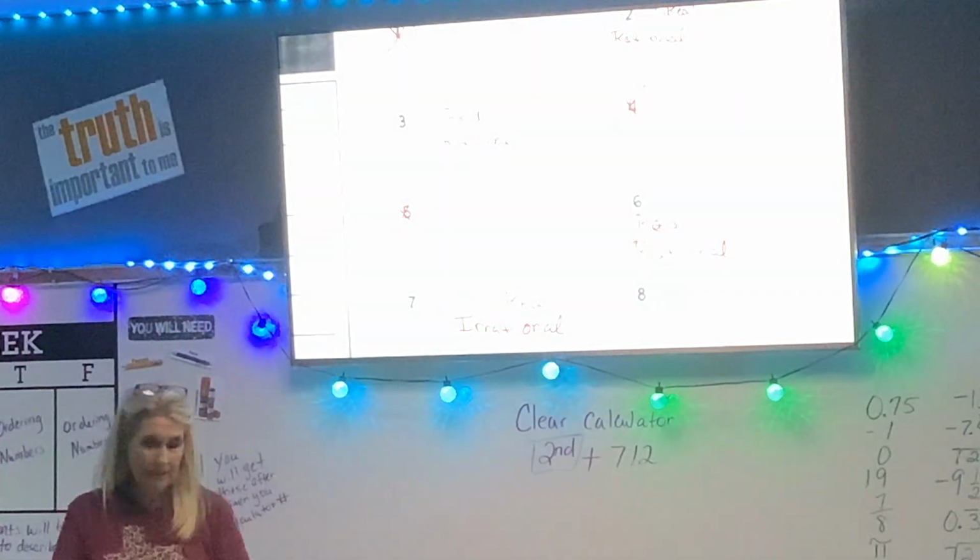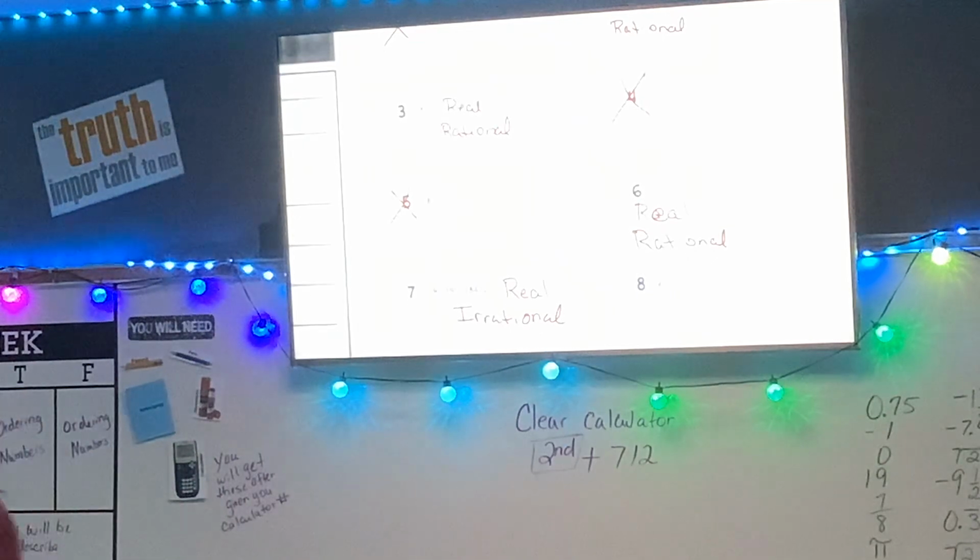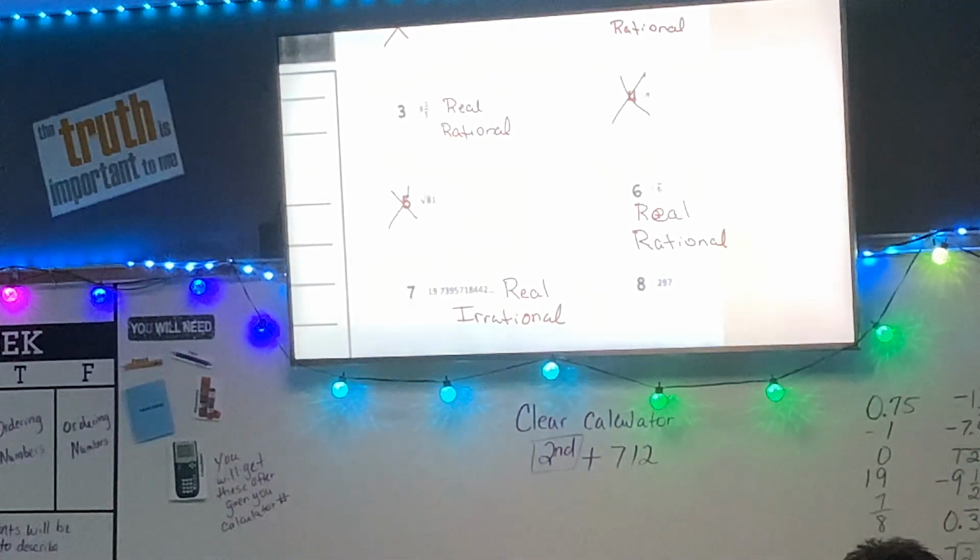Number 8. Negative 297. Good, an integer, good. So it's real, it's rational, and it's an integer.